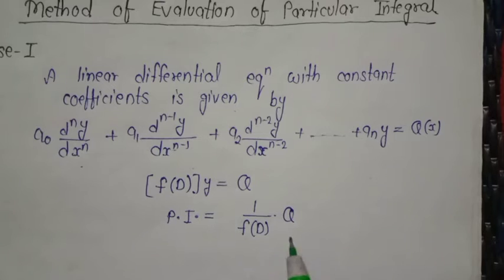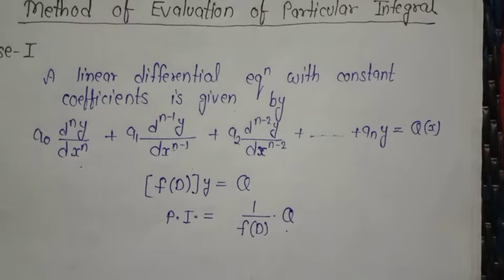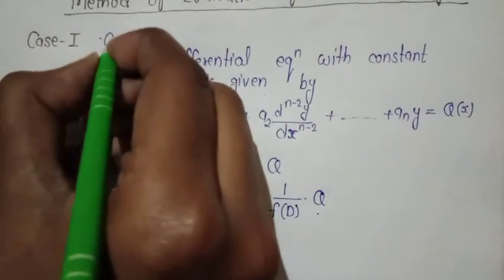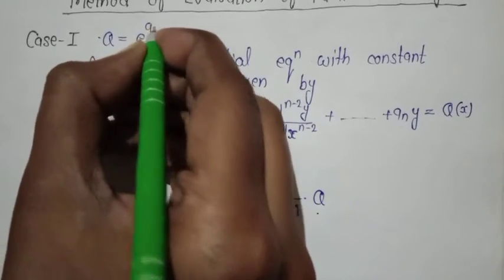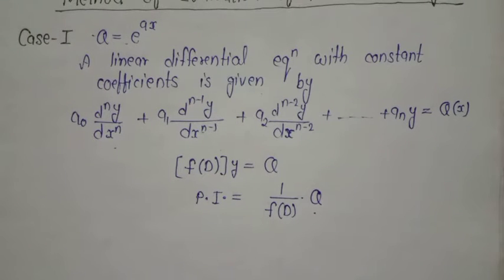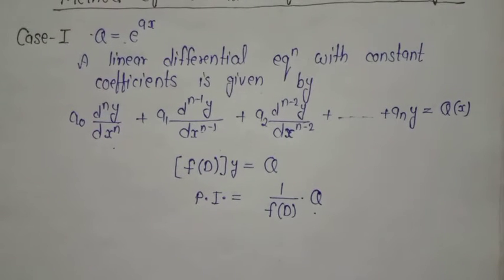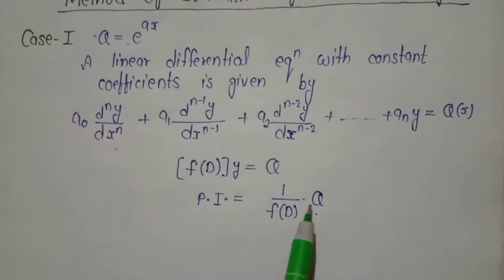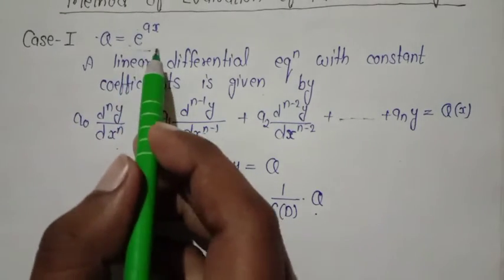Now this Q is a function of x, so it may be an exponential function or a trigonometric function or anything. So firstly we will discuss the exponential function. We will take our case number 1, which says that if Q is equal to e raised to power ax, an exponential function in x, then how do we find the PI for such a differential equation?